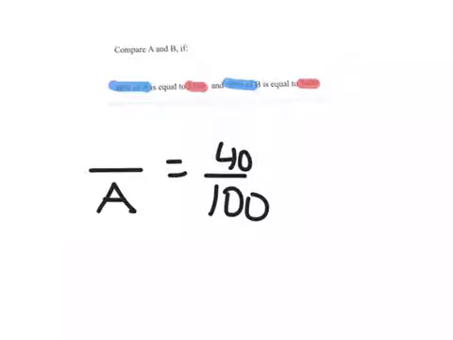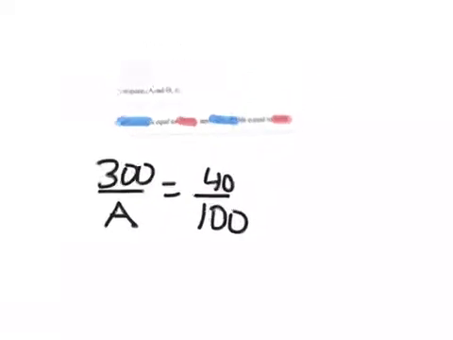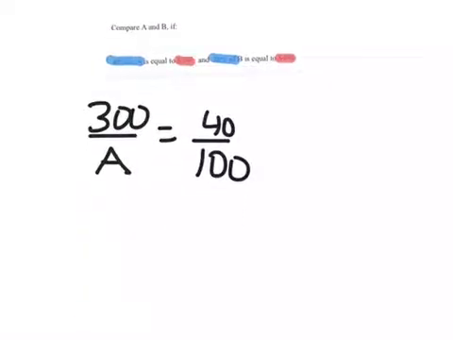Well, now it's much easier to solve, right? Now we know that we can solve it. But wait, isn't there something missing? Remember, we forgot the 300. So now it makes sense.